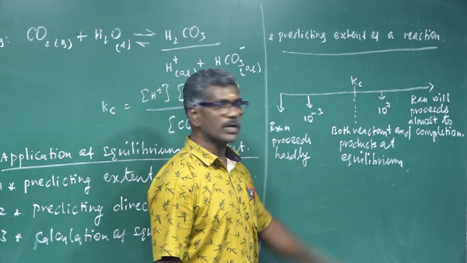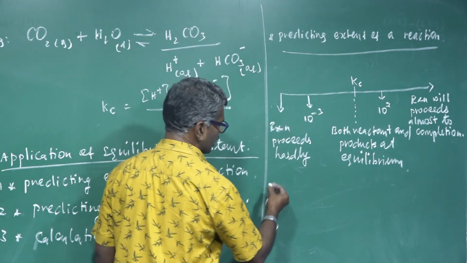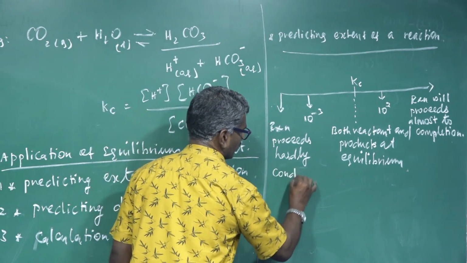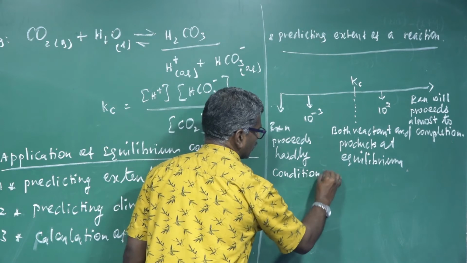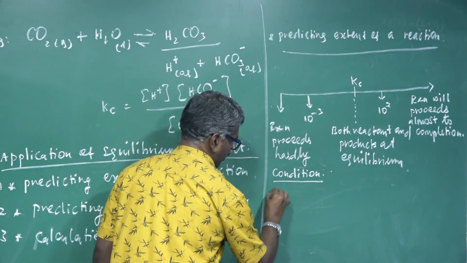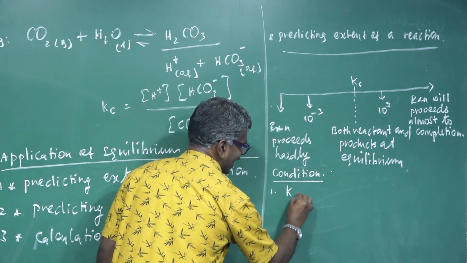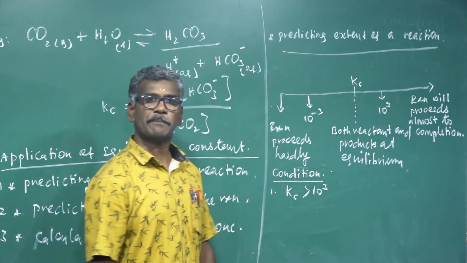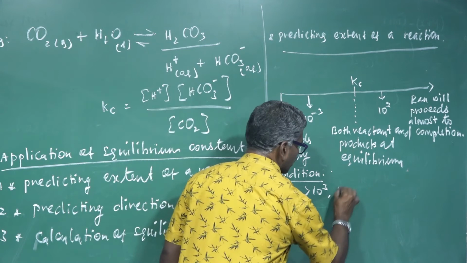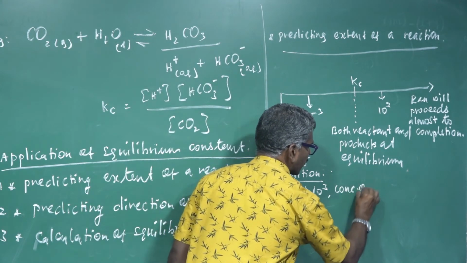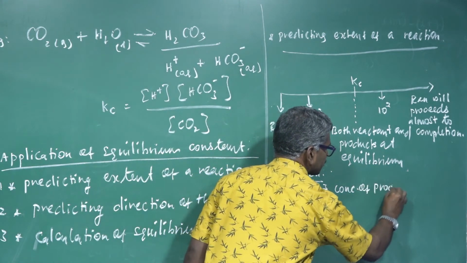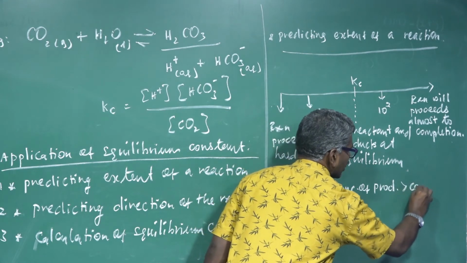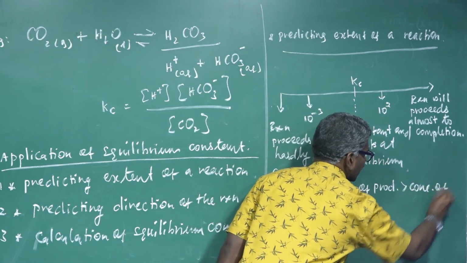By using this, there are different conditions. Point number 1: here Kc greater than 10 power 3, that is plus 3. Here the concentration of product is greater than the concentration of reactant.